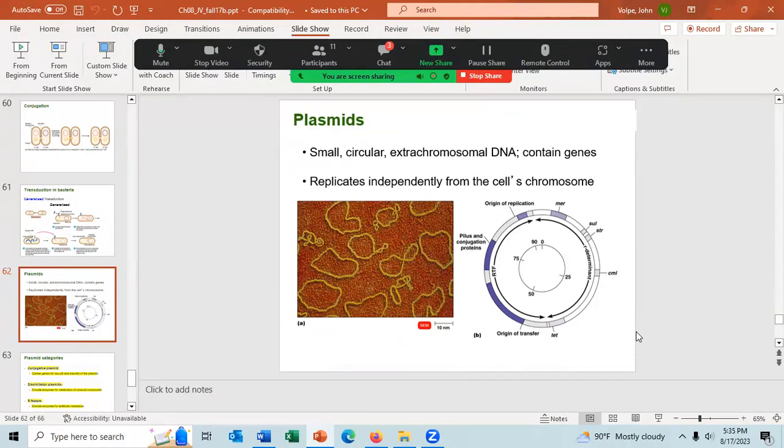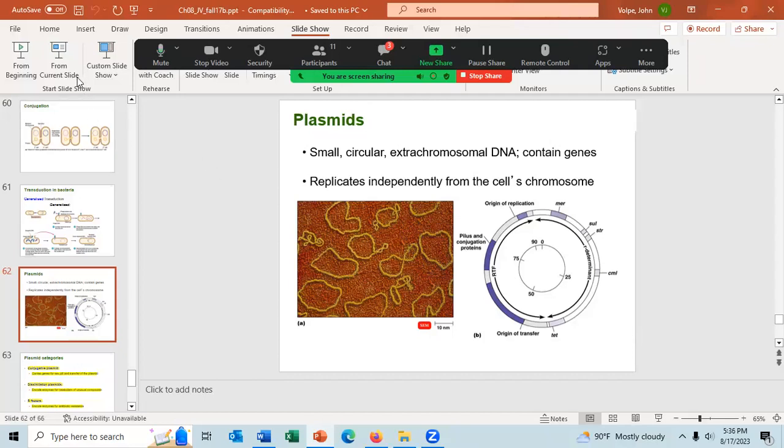Plasmids, we've already talked about them a little bit, but they're a small circular piece of DNA which is outside the chromosome, what we mean by extrachromosomal. What's different with the plasmid compared to the chromosome is the chromosome has thousands or maybe even tens or hundreds of thousands of genes on it, and a plasmid only has a few genes on it.